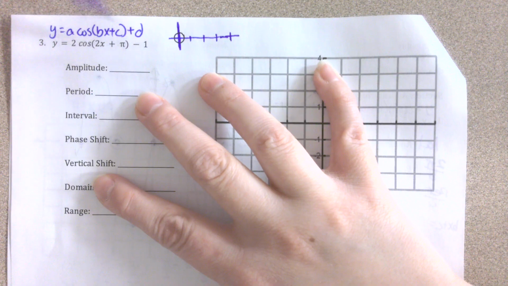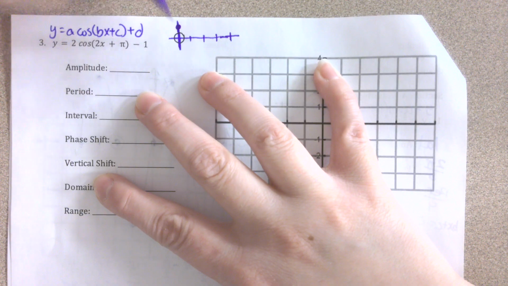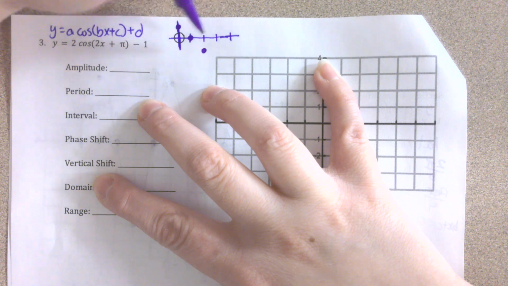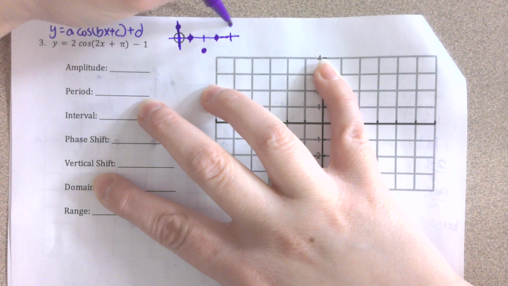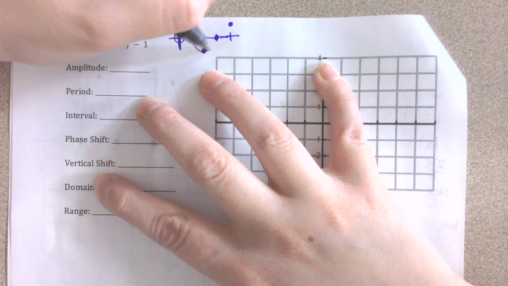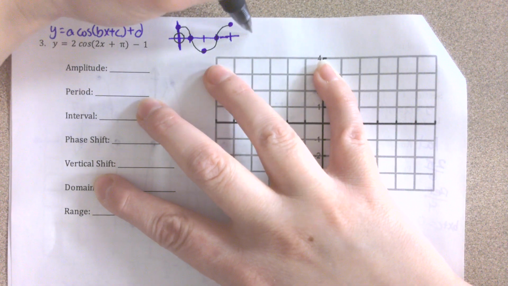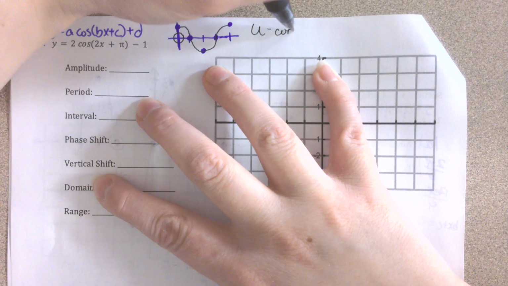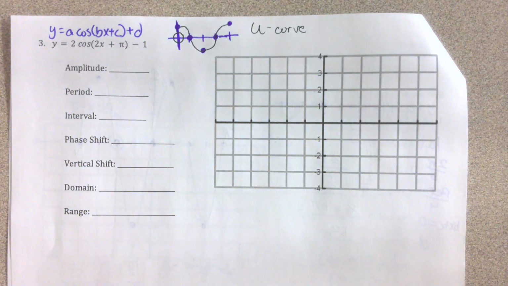So we don't have a reflected cosine this time. The a is positive, so we're going to start like we're supposed to. Cosine starts up at its maximum, then it goes to its midline, then its minimum, then back up to its midline, back up to its maximum. And this looks like the proper U curve that I like to use to describe this.